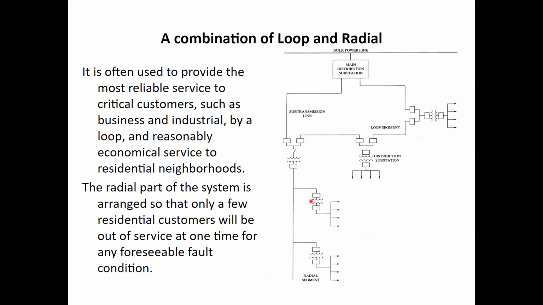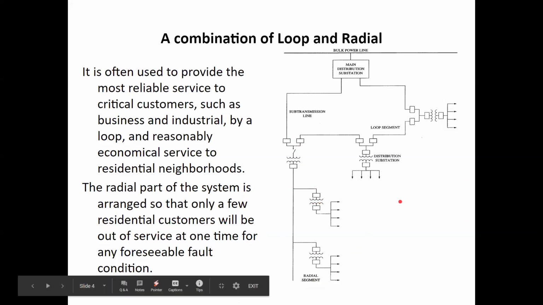Also, you can reduce the cost. It can be economic and reliable. We go for a compromise between the radial and loop systems, balancing reliability and cost. This is the system which we use. But these are the basic structures.